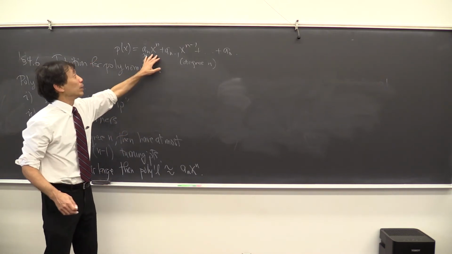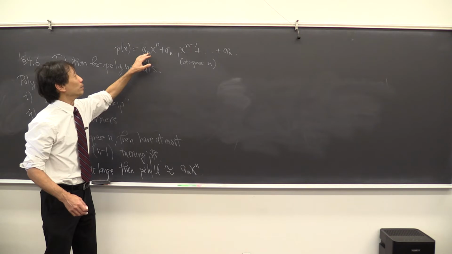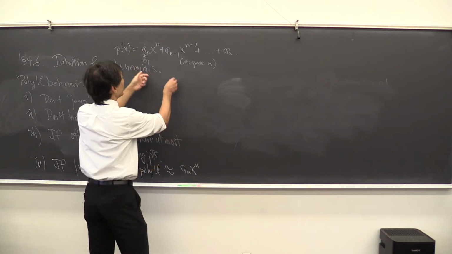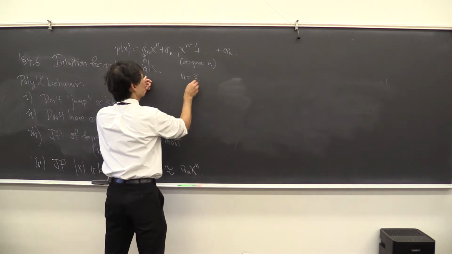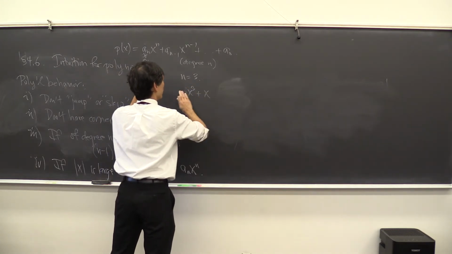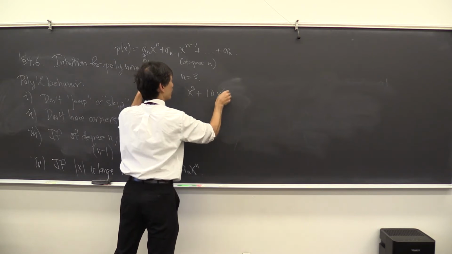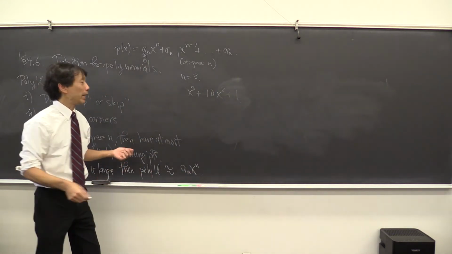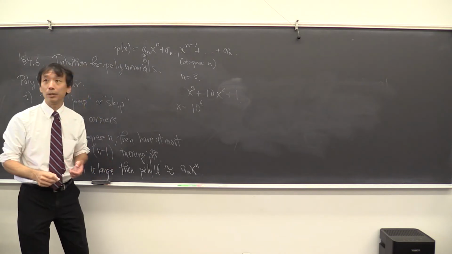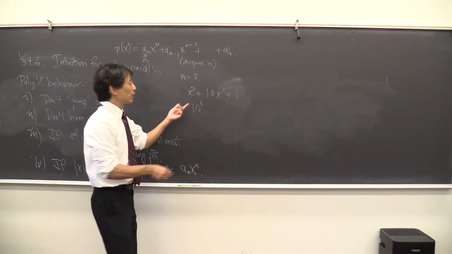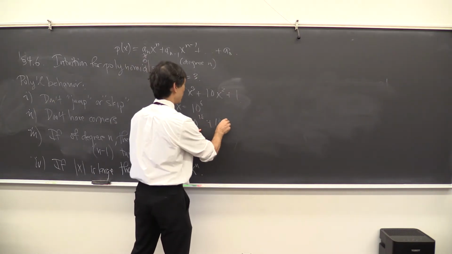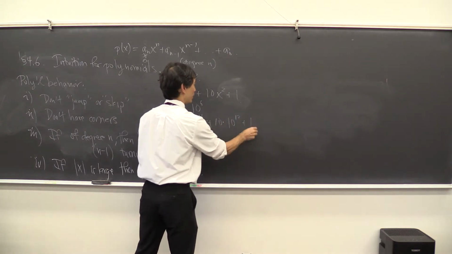Suppose x is a billion. Or suppose n is 3, and you have something like 3x cubed plus 10x squared plus 1, and you look at x when x is like 10 to the 6. This term is going to be 10 to the 18, and you've got 10 times 10 to the 12, and you've got a plus 1.